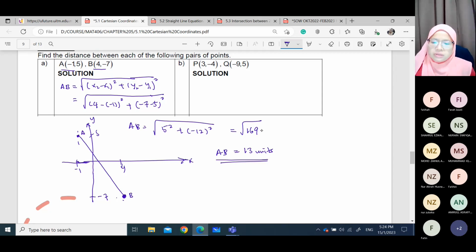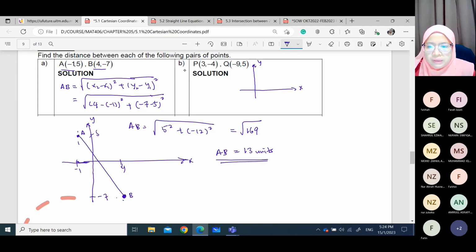Dapat tak? 169. Yang lain dapat tak 169? Dapat buat. Okay, good.